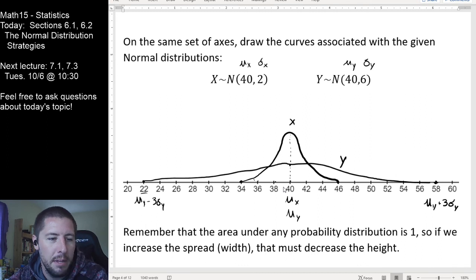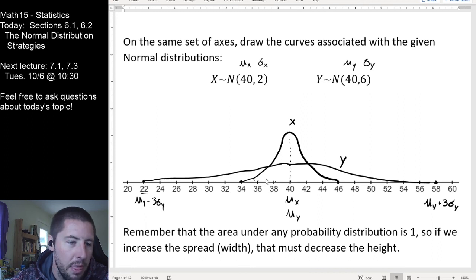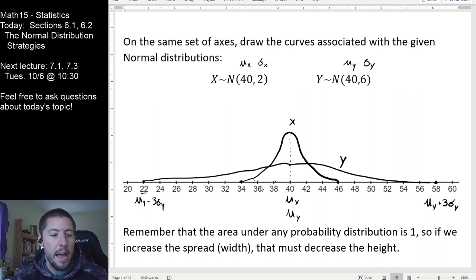We could say things like, for the X distribution, we're 2 or 3 times as likely to see something between 38 and 40 as we were between 36 and 38. But for the y distribution, we're barely more likely to see something between 38 and 40 as we are between 36 and 38. And that's because there's a much greater spread, a larger standard deviation of the area.